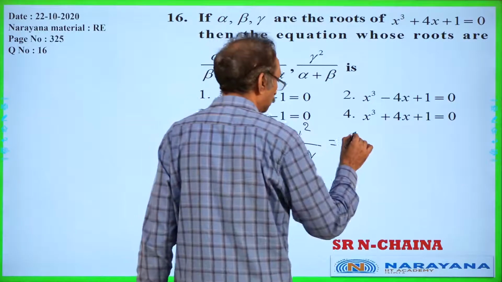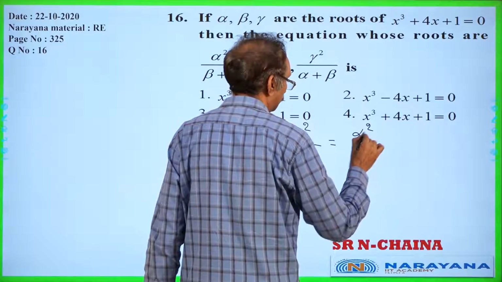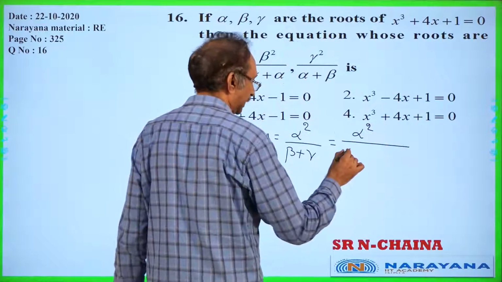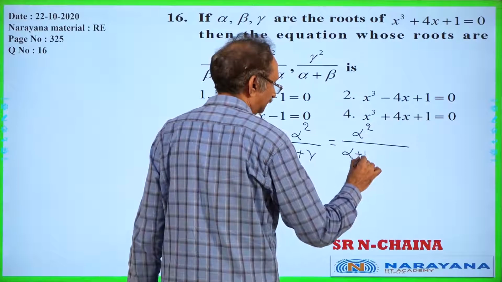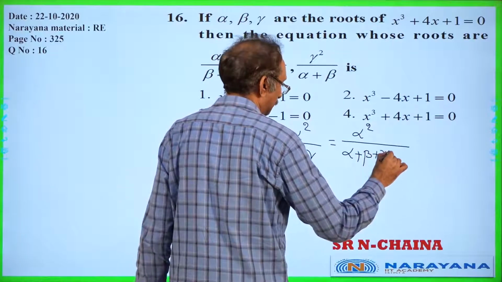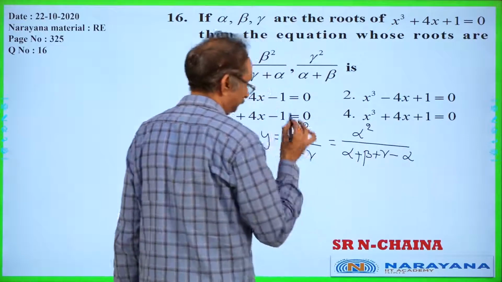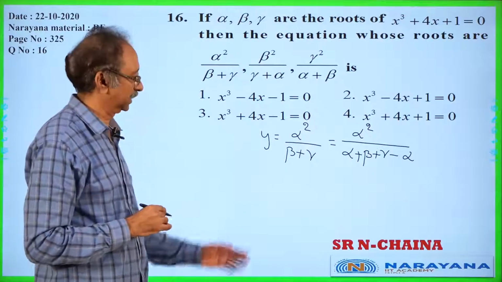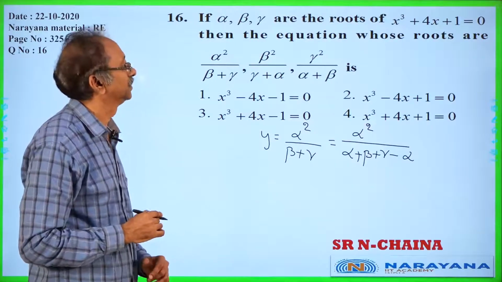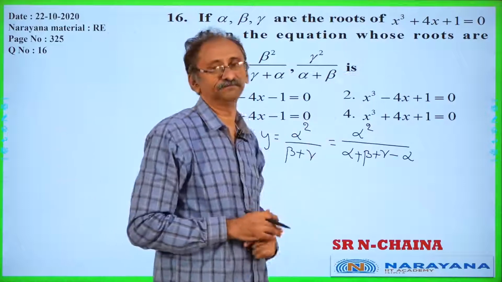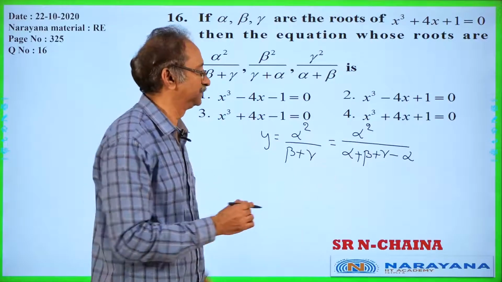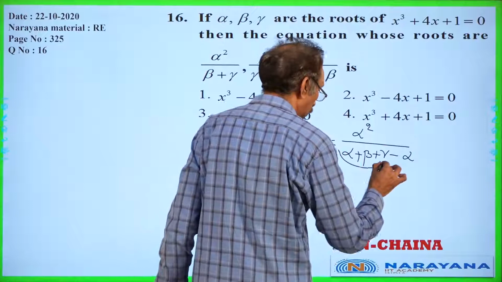So, this is equal to alpha square by, see, if I write this as alpha plus beta plus gamma minus alpha. There is no alpha here. That's why again I am writing minus alpha. And see, there is no x square term. Therefore, alpha plus beta plus gamma is 0.